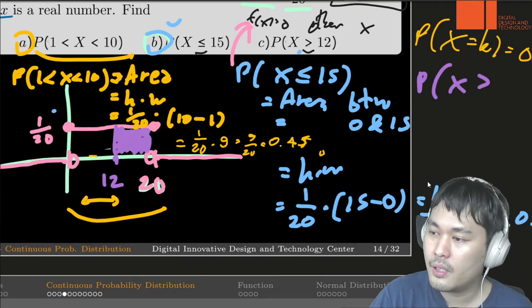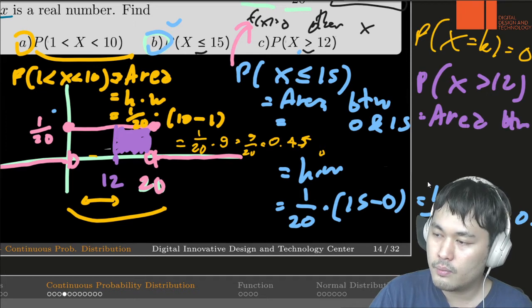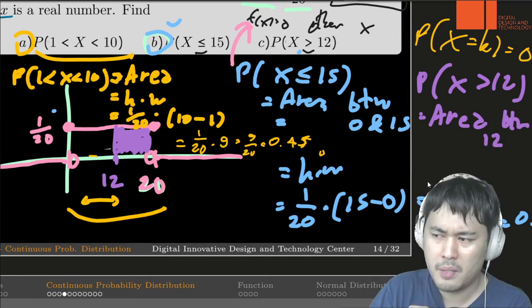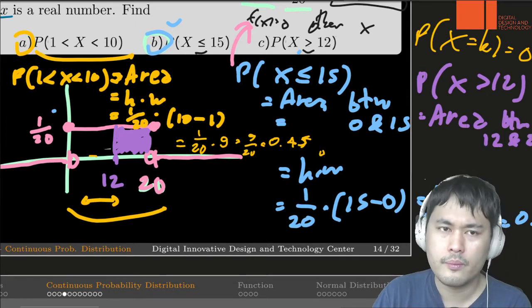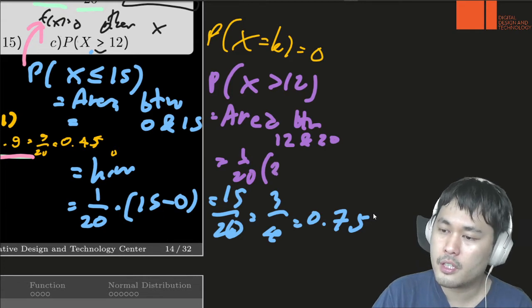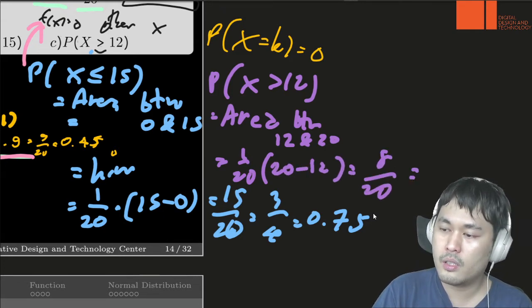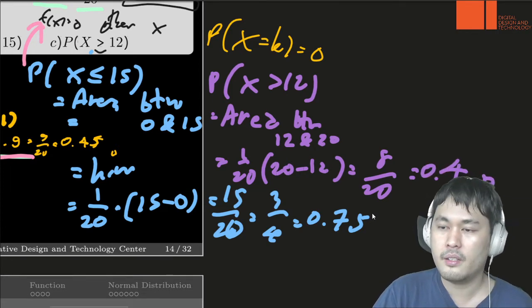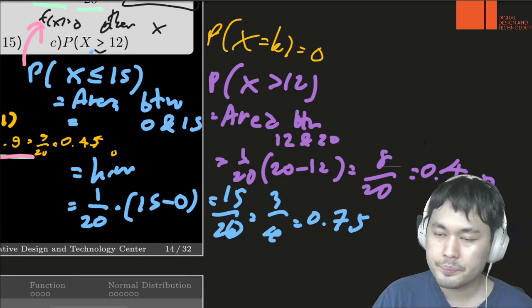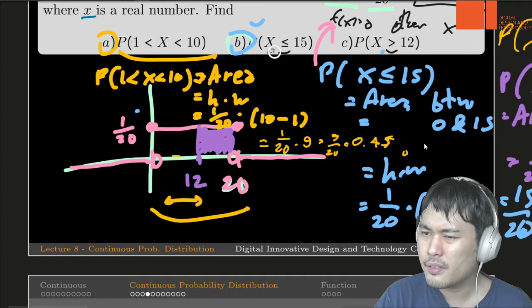So the probability that x is at least 12 is again the area between 12 and the maximum value here, which is 20. 12 to 20, and we repeat the same computation. 1 over 20 times 20 minus 12, that is 8 over 20, if you do some math, you get 0.4, and that is the answer for C. Yes, we get 0.45, 0.75, 0.4.